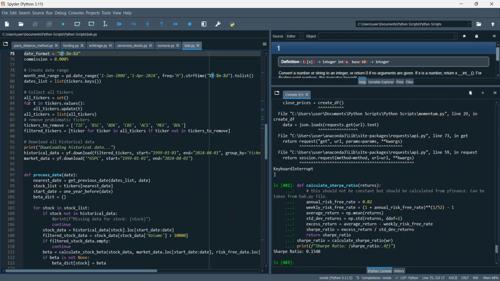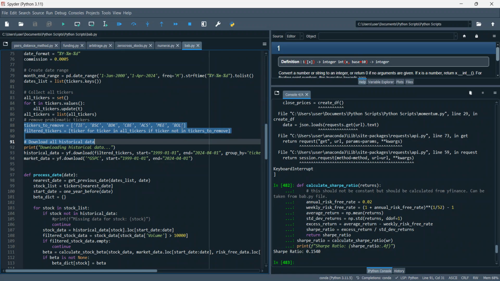So after we got all our first, these are tickers. By the way, this model is built on S&P 500 tickers, and as you see here, we use yf.download. That is Yahoo Finance download.